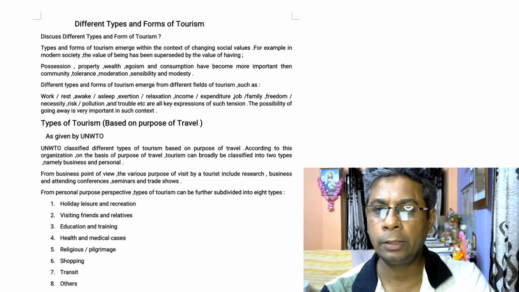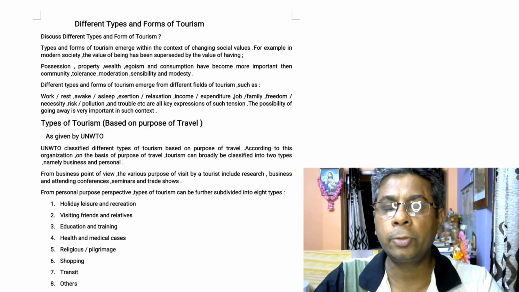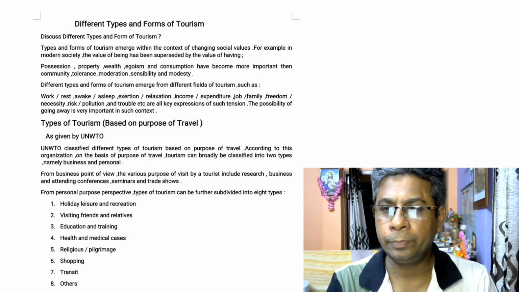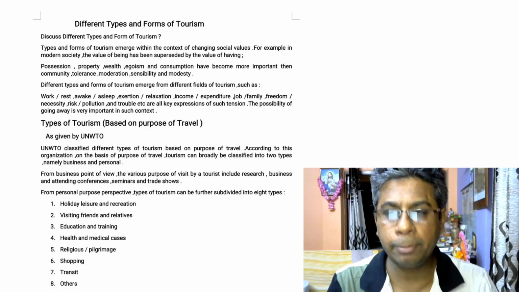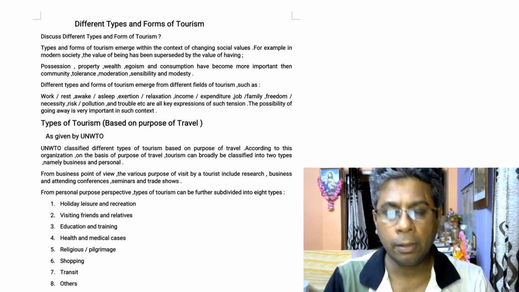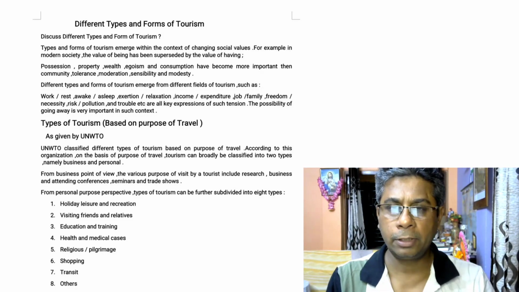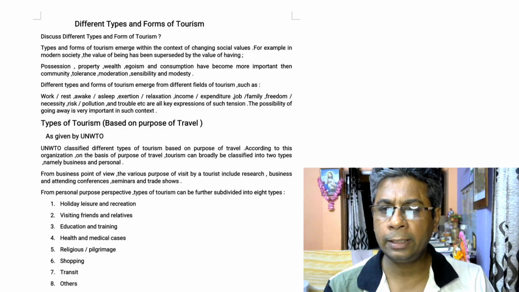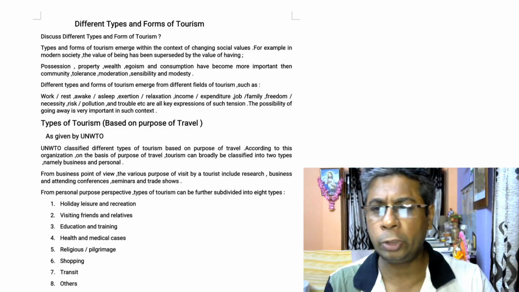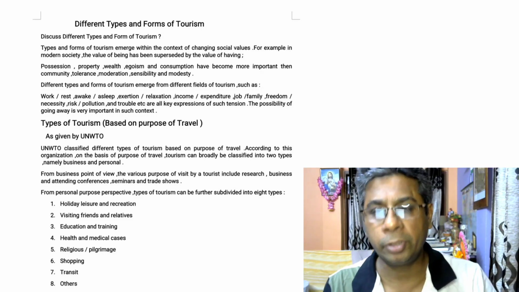The introduction part. Types and forms of tourism emerge within the context of changing social values. For example, in our modern society, the value of being has been superseded by the value of having. Possession, property, wealth, egoism, consumption have become more important than community, tolerance, moderation, sensibility, and modesty.